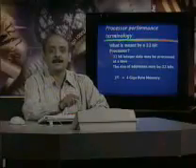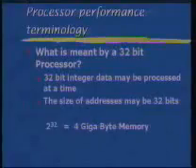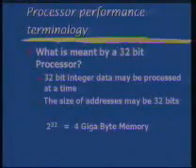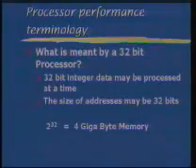The similar example I have shown in the slide is that if 32-bit memory address capability is associated with the processor, then it can address about 4 gigabytes of memory. That means the overall memory capacity.